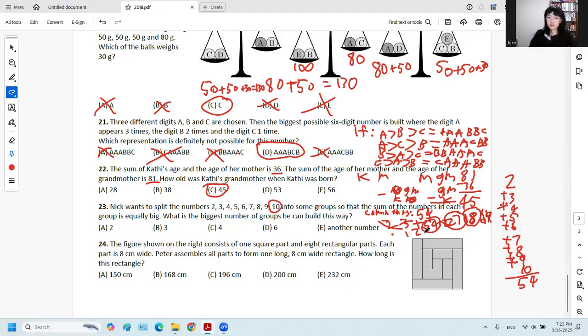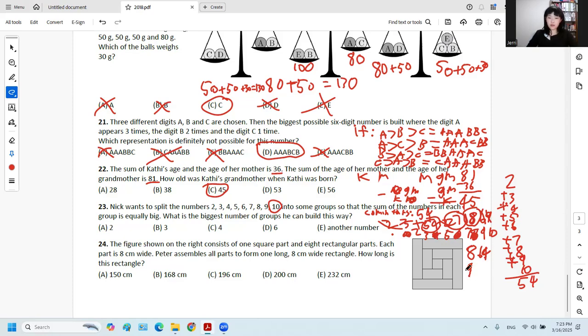1, 2, 3, 4, 5, 6, 7, 8, 9, 10. So 8 with 6 with 4 equals 18.